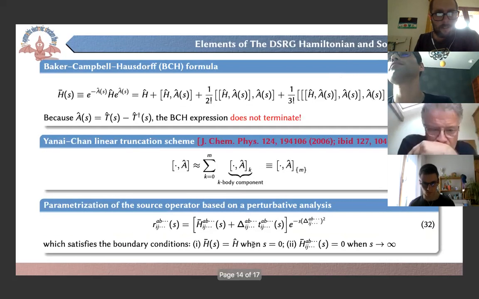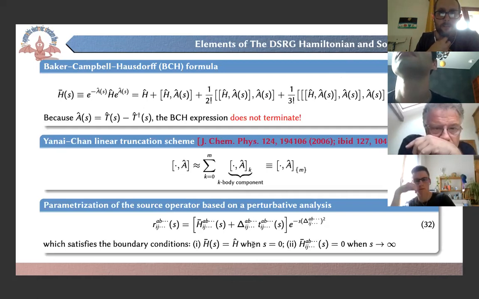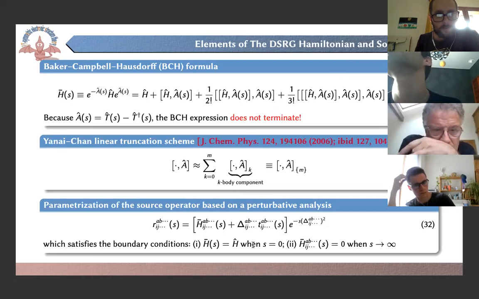So for the first one, the Hamiltonian components. If you had the bare Hamiltonian, you would stop at 2-body terms, so it would be straightforward. But here it's a many-body operator.